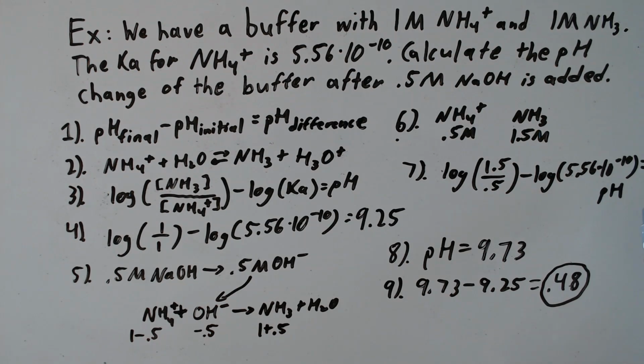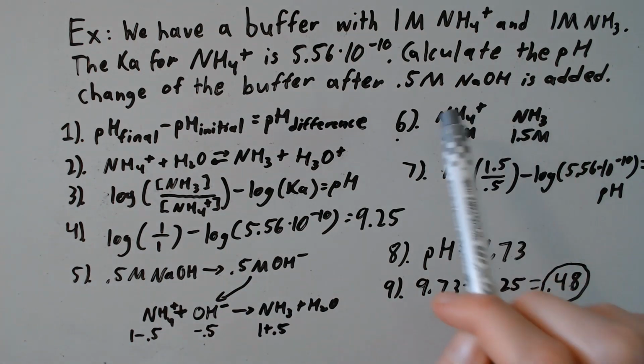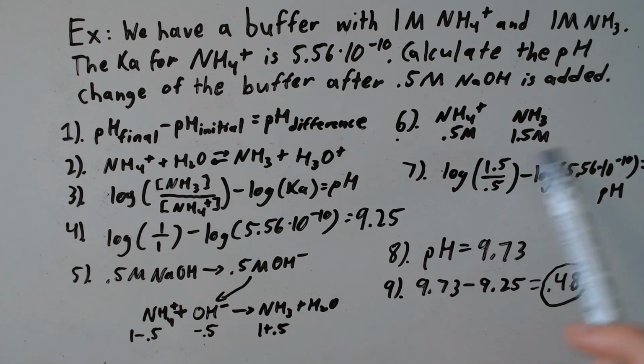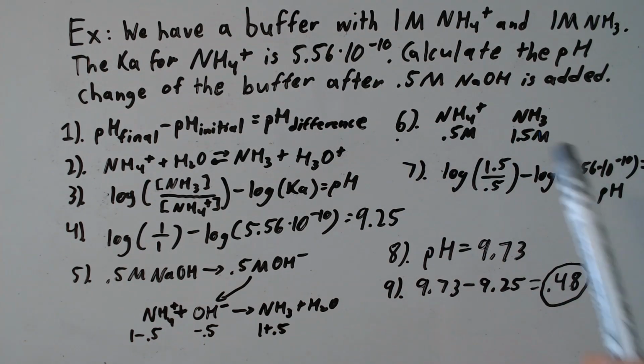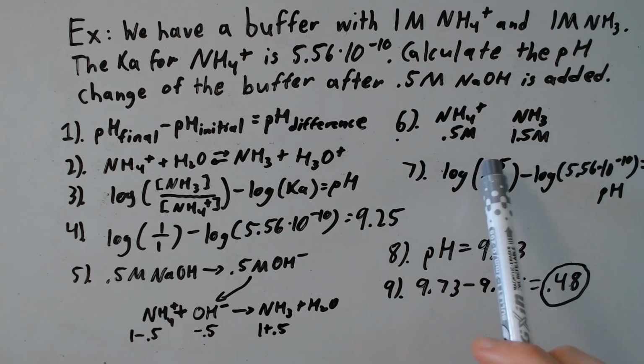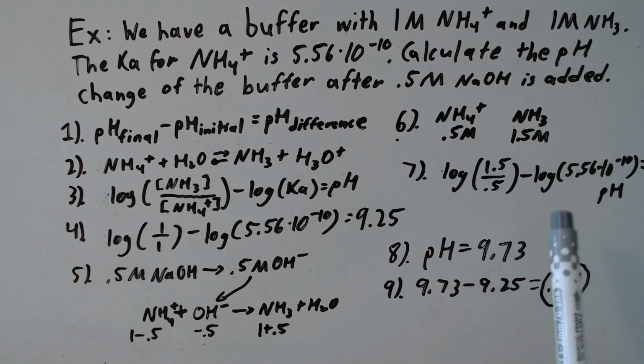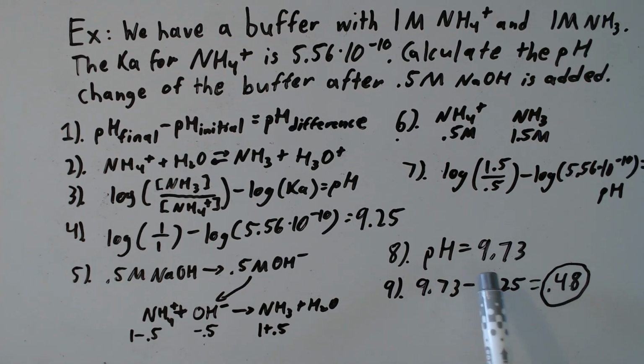And that will equal the new pH of the solution after the strong base was added and reacted with this NH4+ and NH3, and their concentrations now are new concentrations, but they remain constant. And so for this ratio of concentrations, we get the pH of the solution to be 9.73. That's the final pH of the solution after the NaOH was added.